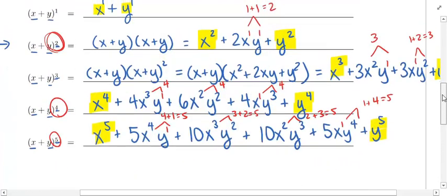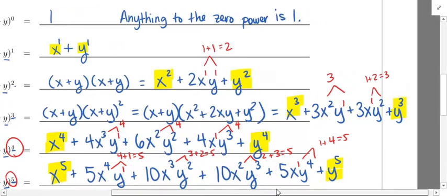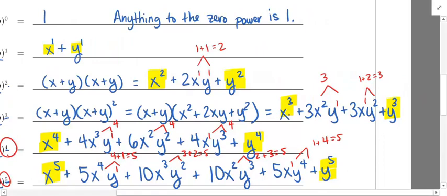There's something else I missed because I forgot to mention this. If you go back and look, let's start with x cubed here. When you do this, look at the powers of x. You're starting with x cubed in x plus y quantity cubed, and as you progress through the expansion, the powers of x go down by 1 every time you move to the right.